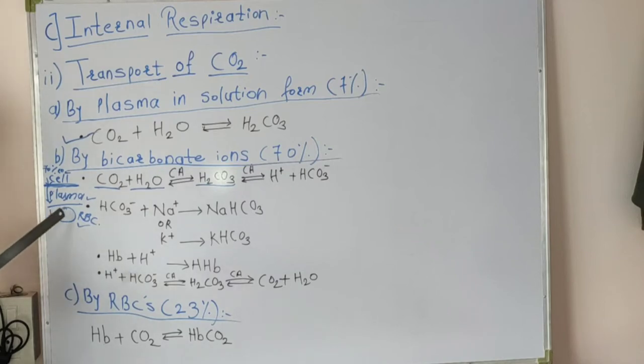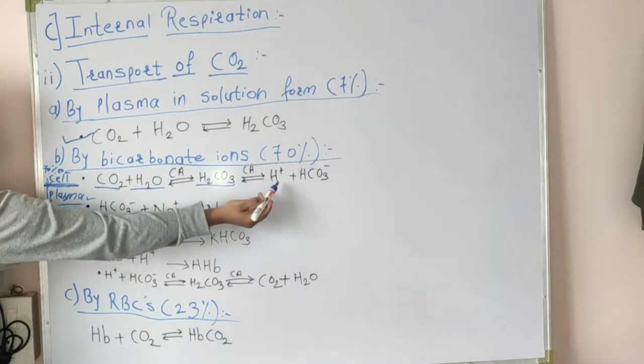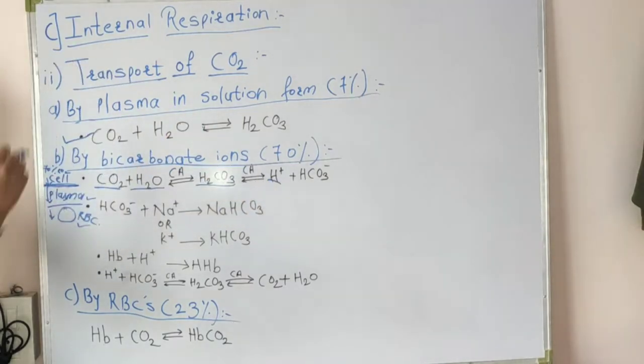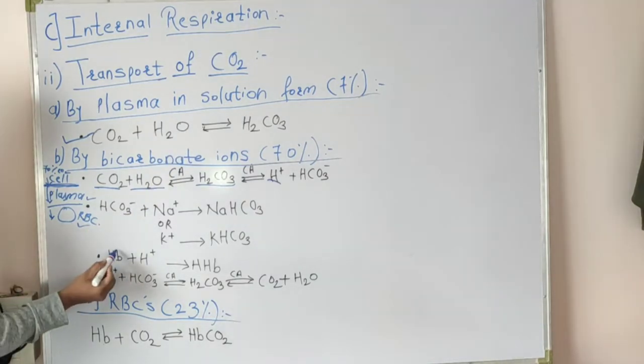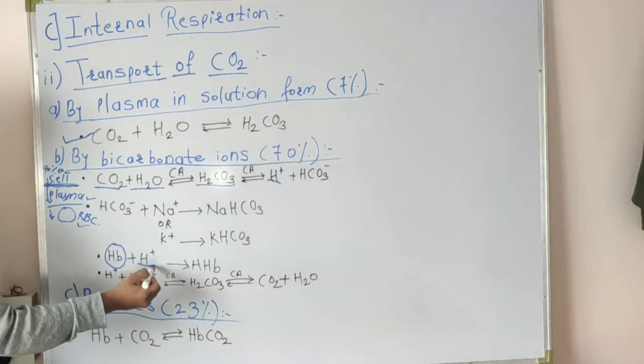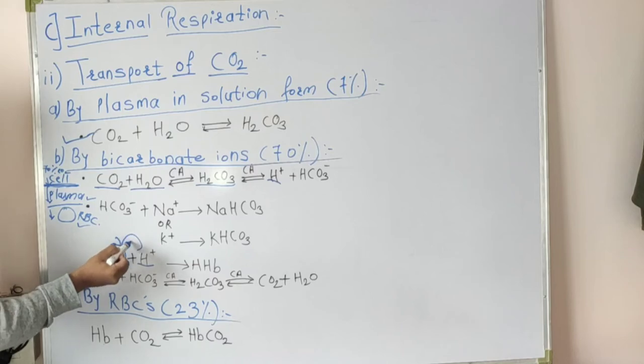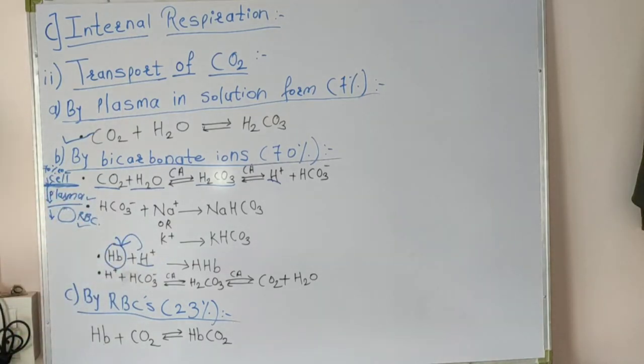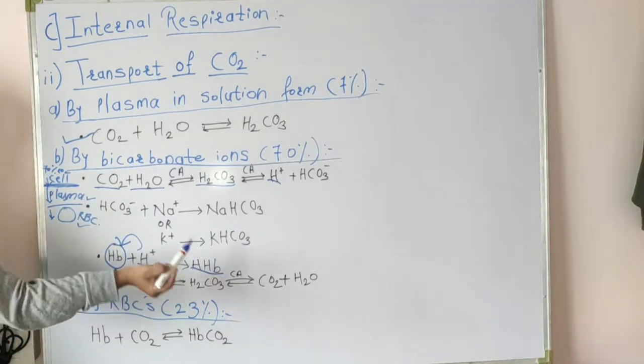But in between, this hydrogen ion remains. That's why this hydrogen ion binds to the hemoglobin, and when it binds to the hemoglobin, it forms deoxyhemoglobin.